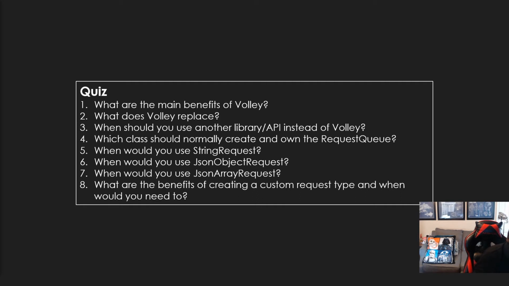Another one I saw from a few people is automatic scheduling. I don't know if you read that somewhere in the documentation, but I would say that Volley doesn't really provide scheduling, especially not automatic scheduling.